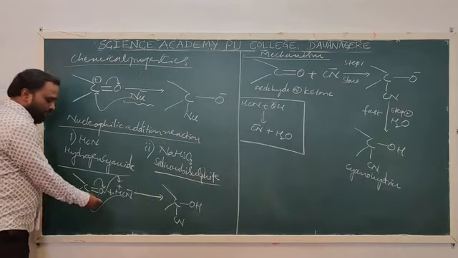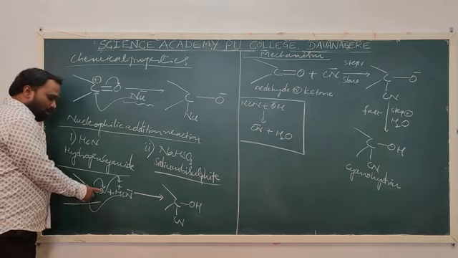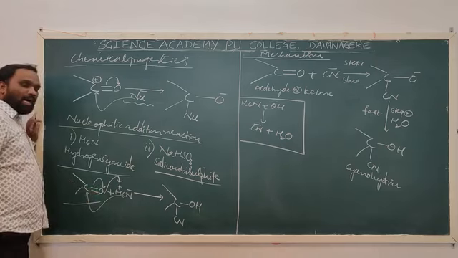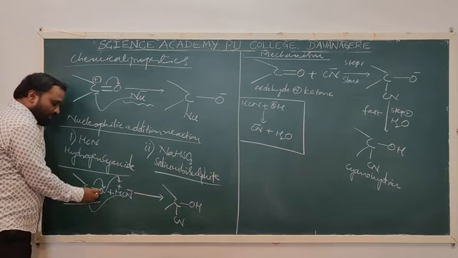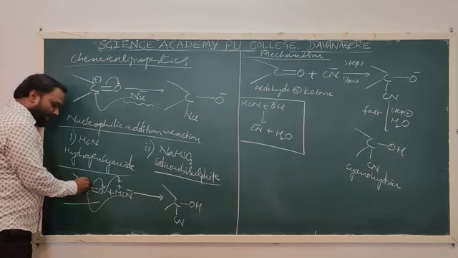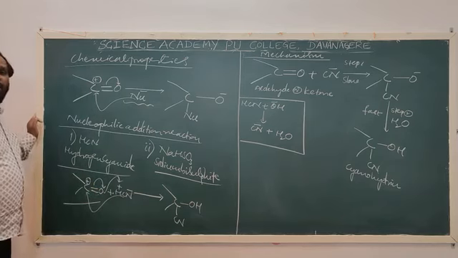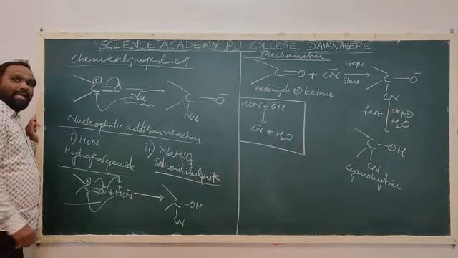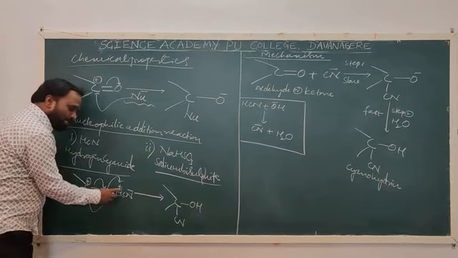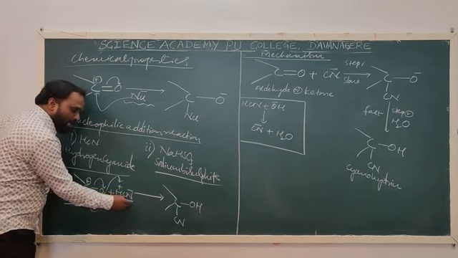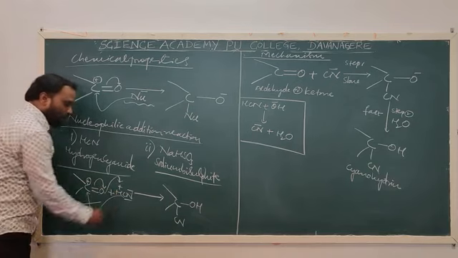Again, in this carbonyl group, C double bond O, this oxygen is more electronegative than this carbon and hence it attracts this shared pair of electrons towards itself, creating a positive charge on this carbon atom. In HCN, hydrogen cyanide, H carries positive charge and CN carries negative charge. CN minus is the nucleophile.